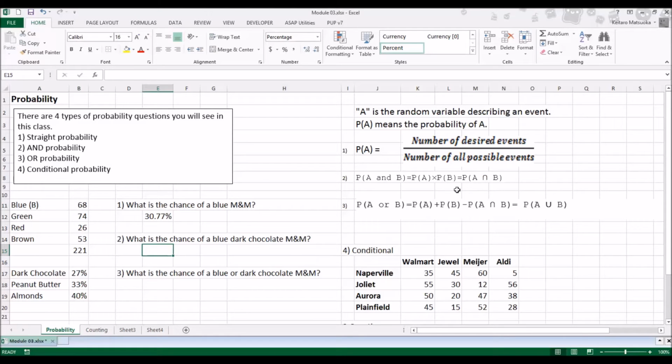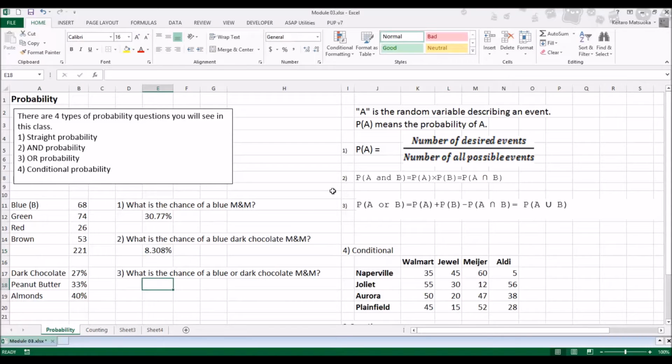So I need to figure out what the P of A is, the probability of the blue M&M, which we calculated up here. Now we need to know the chance of a dark chocolate, which we happen to have over here. So the question is just multiply those two percentages. And you get the answer. So it's going to be about an 8% chance that I'm going to pick a blue dark chocolate M&M.